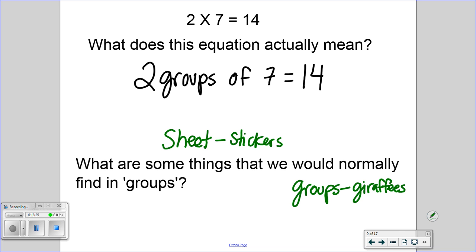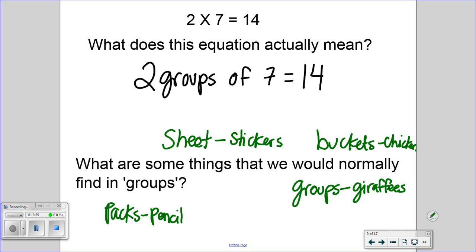Yeah, so multiple groups, like a bucket of chicken. Sure, that's a group. Grace, what else could we do? Okay, so which would be my groups, pencils or pencil packs? Yeah, we could do packs, and then our things would be pencils.